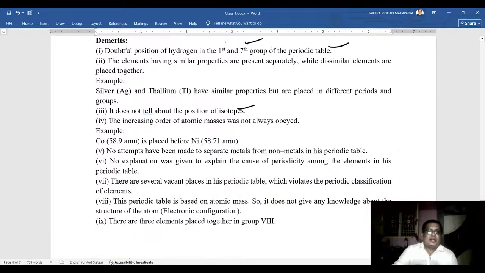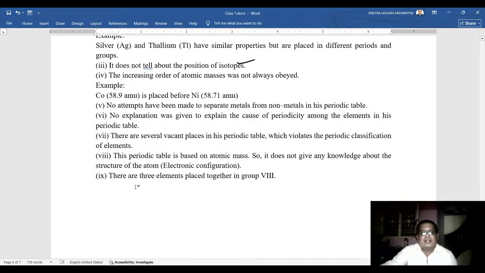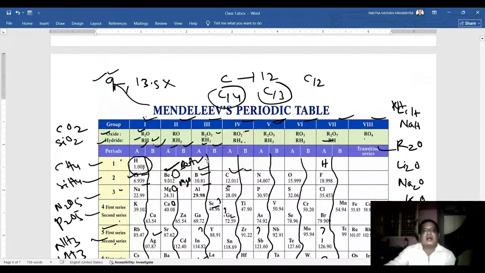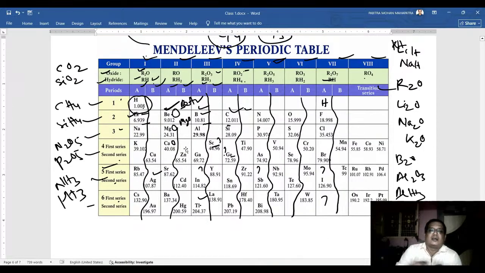The fourth point is that the increasing order of atomic mass was not always obeyed. Initially it was said that the main principle is that physical and chemical properties are a periodic function of their atomic mass. That means the elements are arranged according to the order of their atomic mass. Look at that. In this table, you will find many demerits.